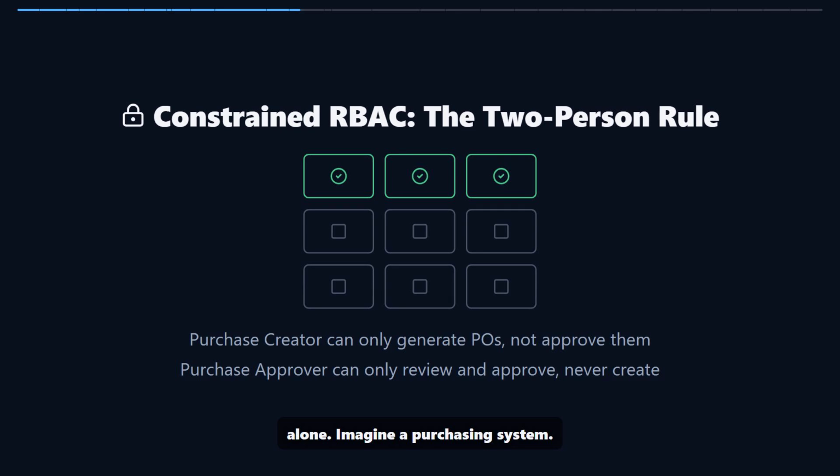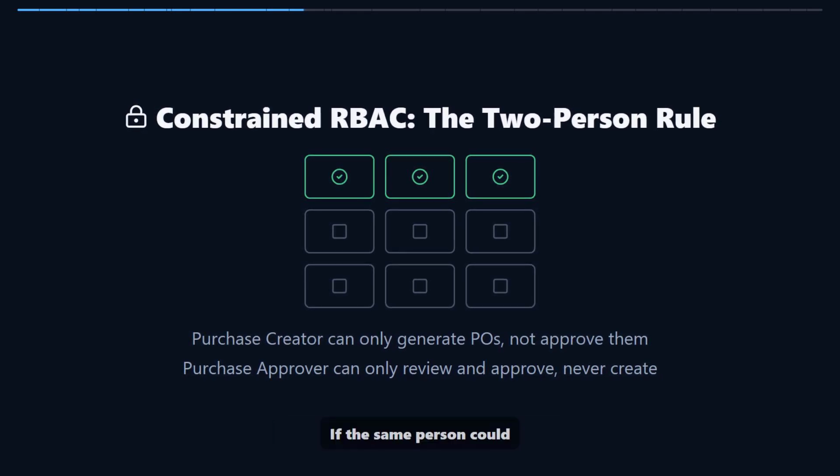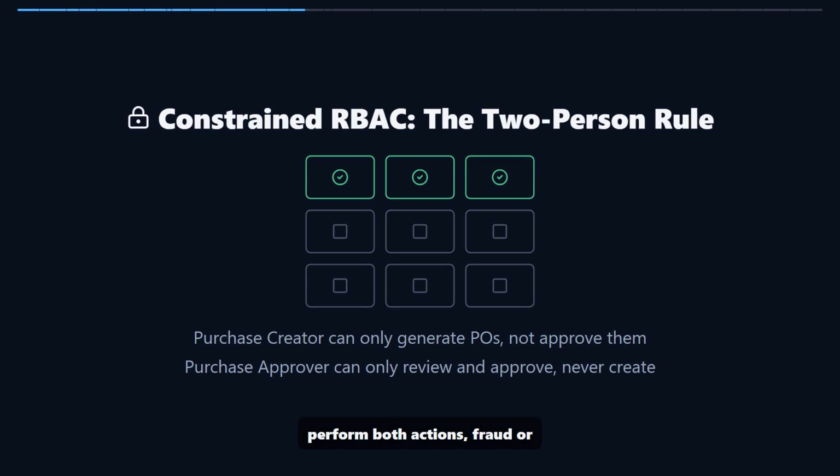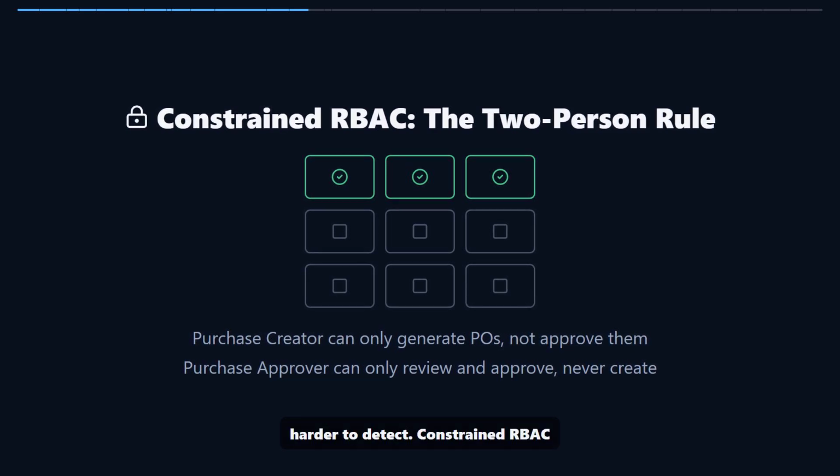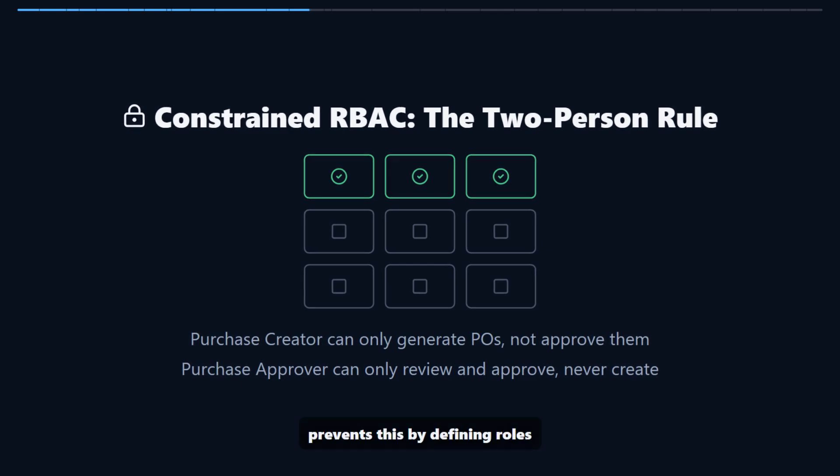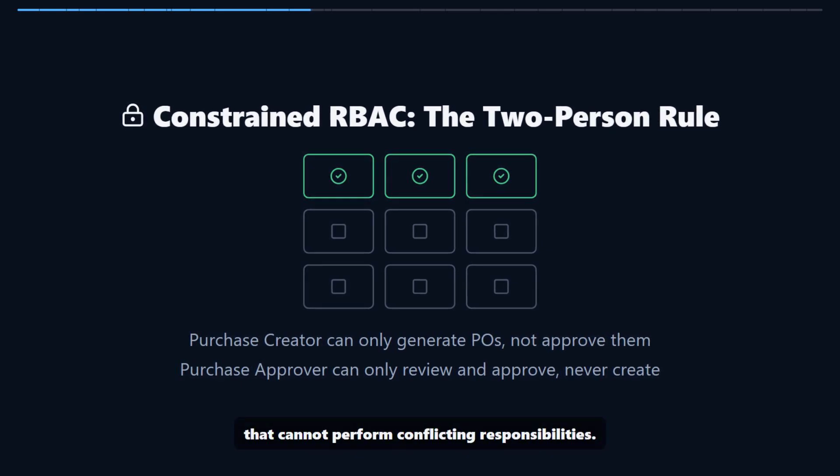Imagine a purchasing system. One employee creates the purchase order. Another employee approves it. If the same person could perform both actions, fraud or accidental mistakes would be much harder to detect. Constrained RBAC prevents this by defining roles that cannot perform conflicting responsibilities.